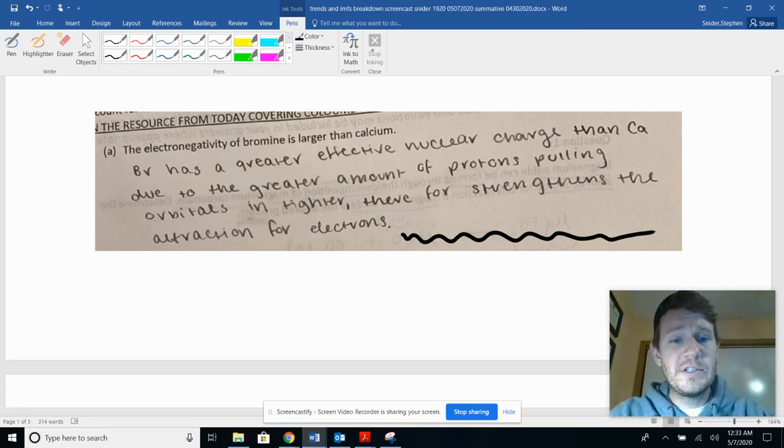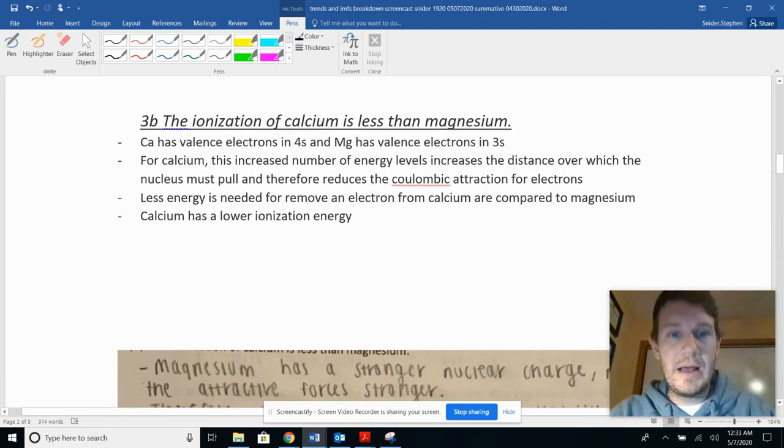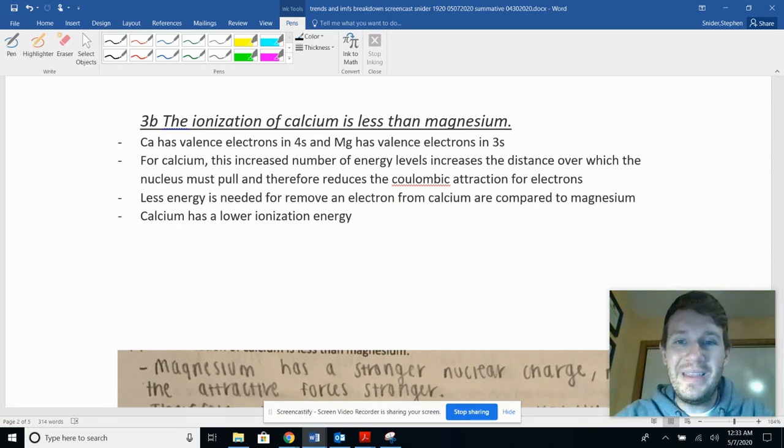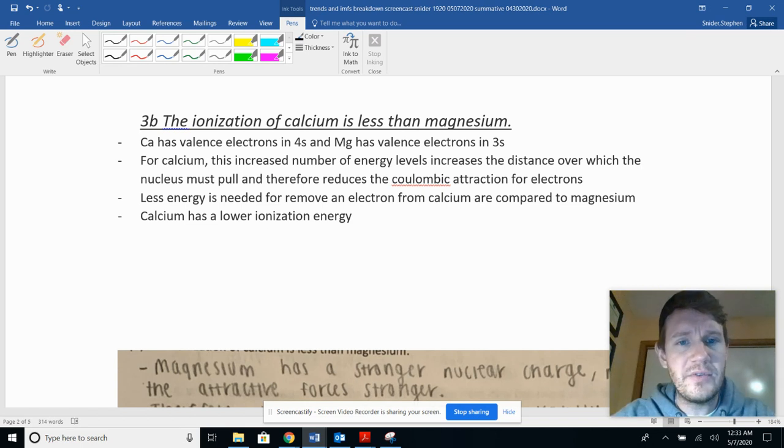All right, let's push on to 3B. The ionization energy, really should say the ionization energy, sorry about that, of calcium is less than magnesium. Okay, so just a quick recap. It's going to take less energy to remove an electron from calcium than it will from magnesium. So let's establish what we have in common, what we have maybe different.